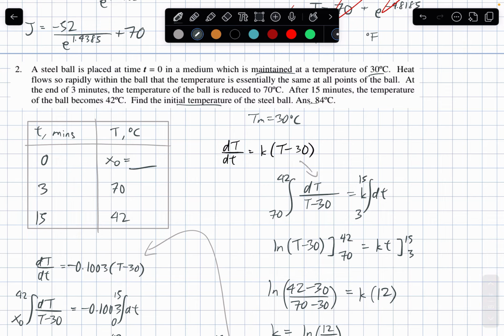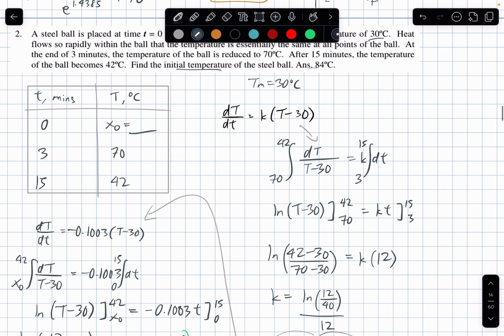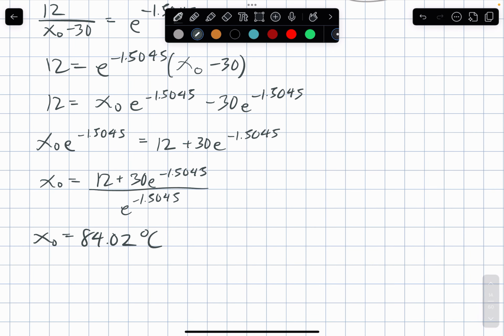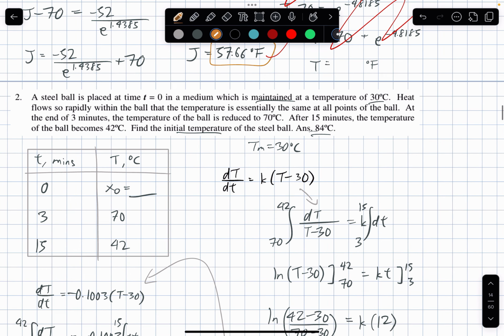Makes sense because as you can see, the trend is the temperature in degrees Celsius is becoming smaller, no? And yes, it says here 84. So this answer is correct. Our solution is correct.